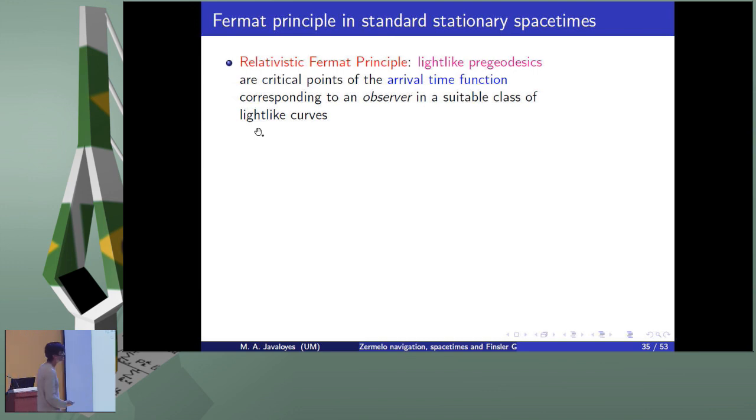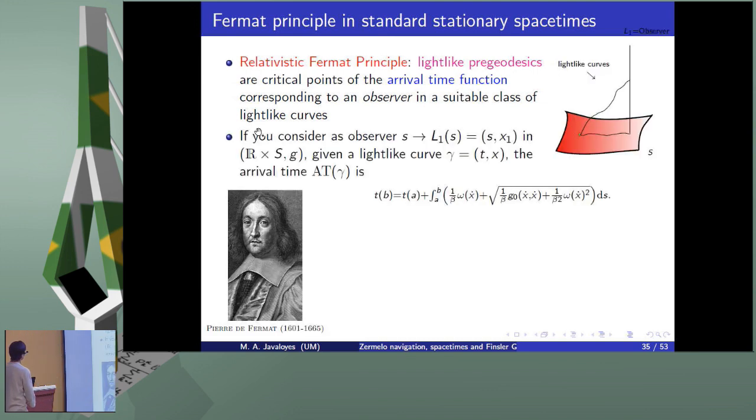So in this context, how can you formulate this problem? You consider one point, a time-like curve, and then all the light-like curves from here to here. Light-like geodesics are the curves that arrive before, basically minimizing the time.